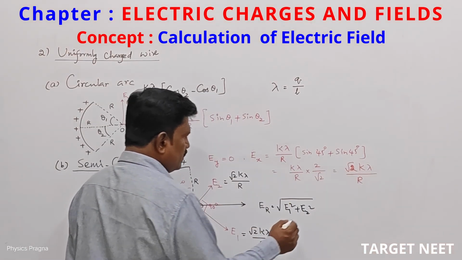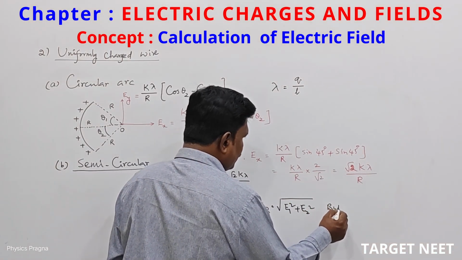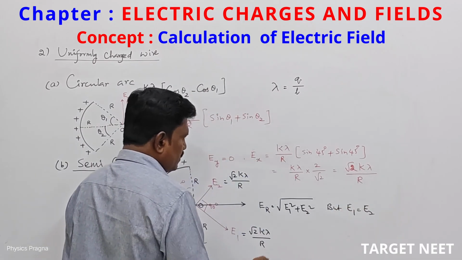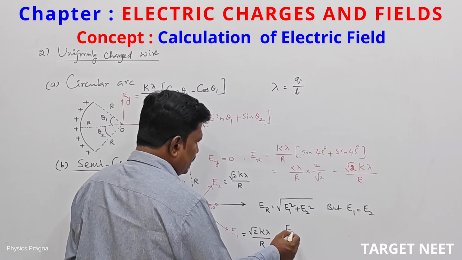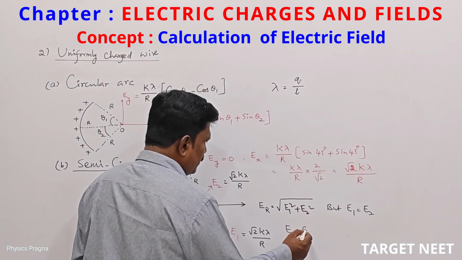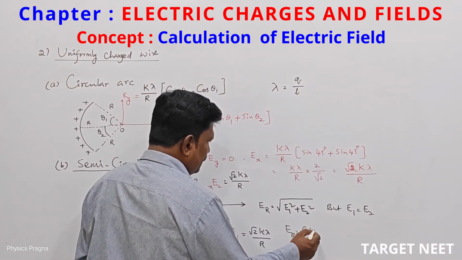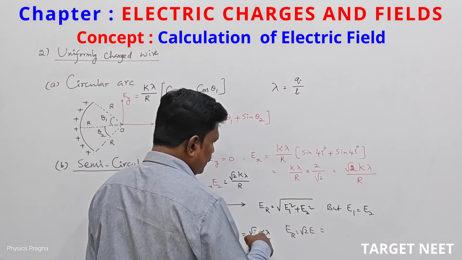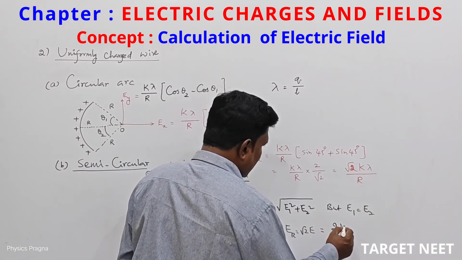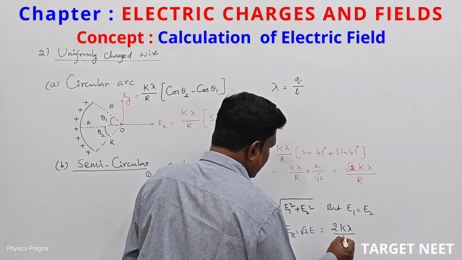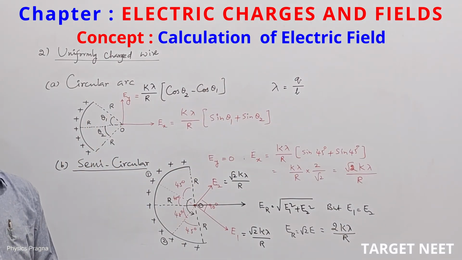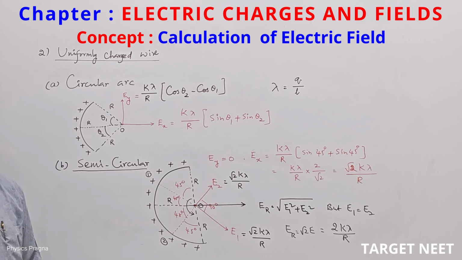But we know E1 is equal to E2. So what formula we get? ER is equal to root 2 E. So here root 2 times root 2 becomes 2, 2 k lambda by R. So these results are very important. You have to remember. Let us move on to the next point.